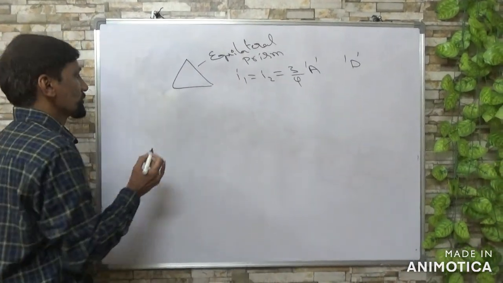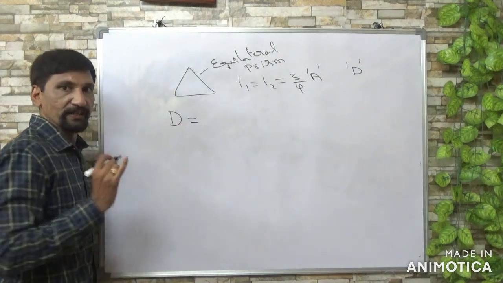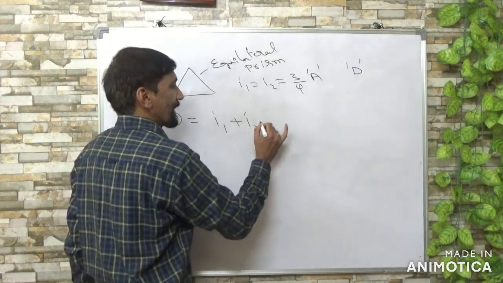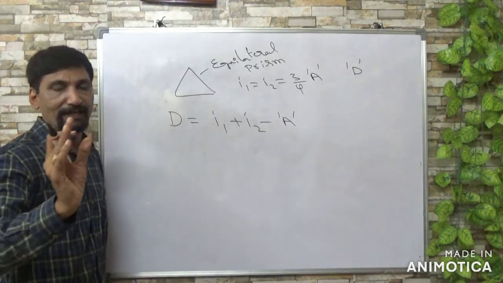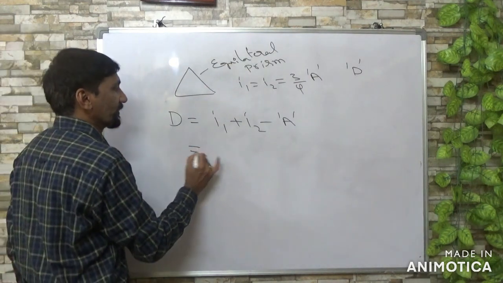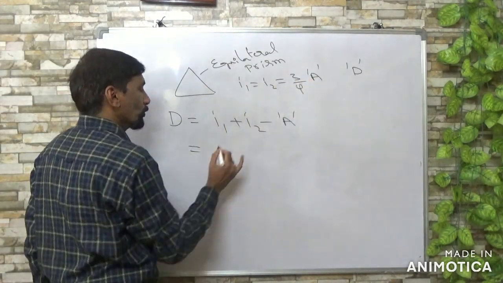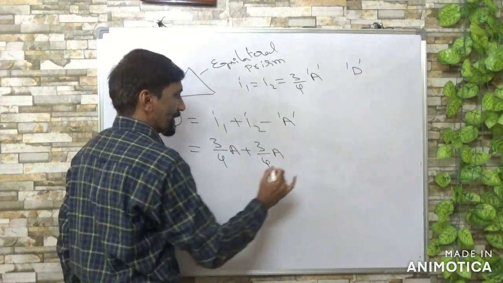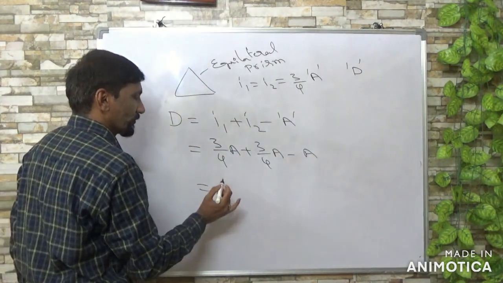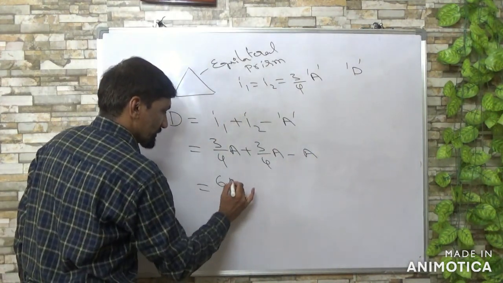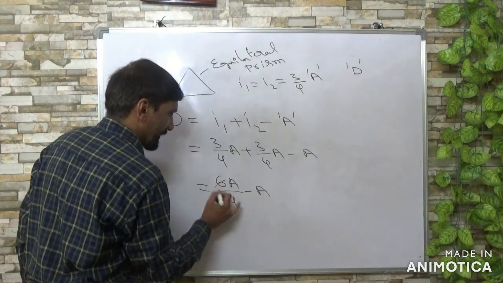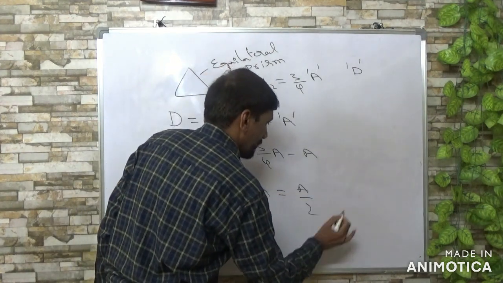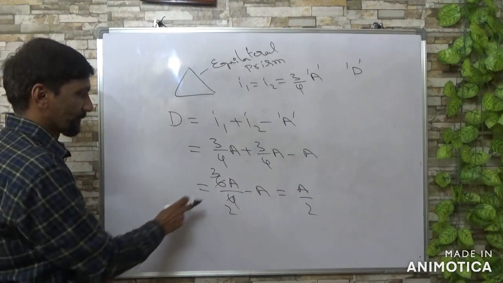That is your question. So just now you came across one formula, that is, deviation is equal to I1 plus I2 minus the angle of prism, or you can write R1 plus R2. So here, I1 and I2 both are equal to 3/4 A, minus A. So 3/4 plus 3/4, 6A by 4, minus A, so it is nothing but half of the angle of prism.